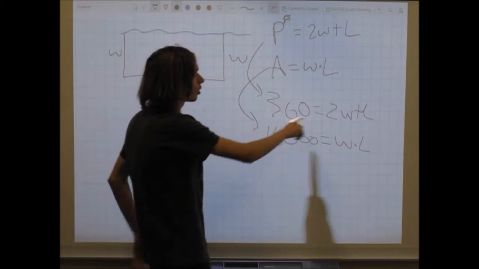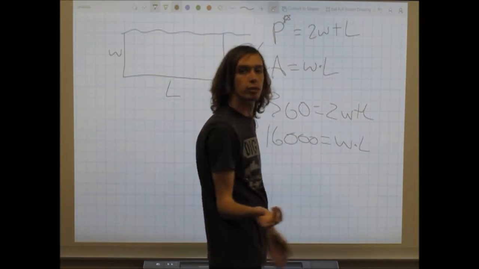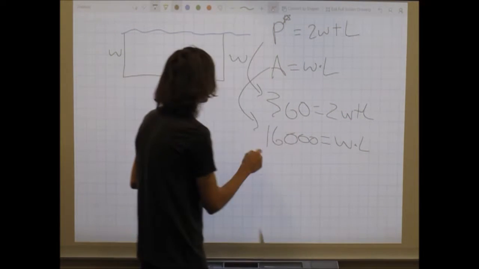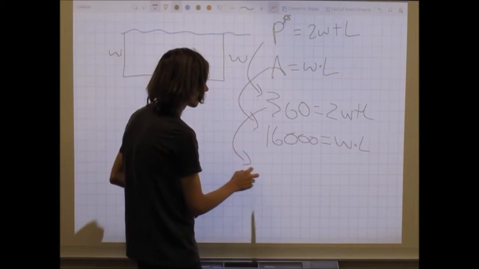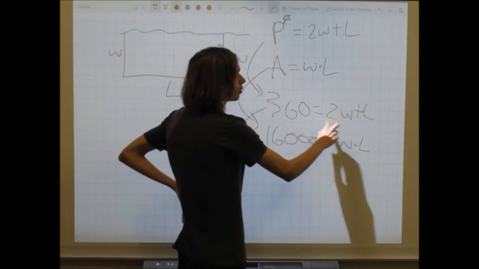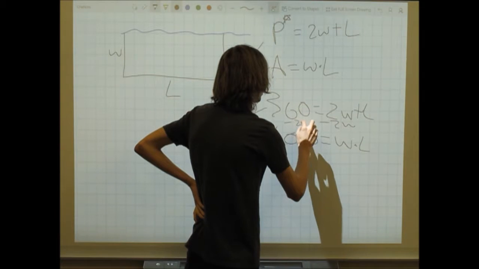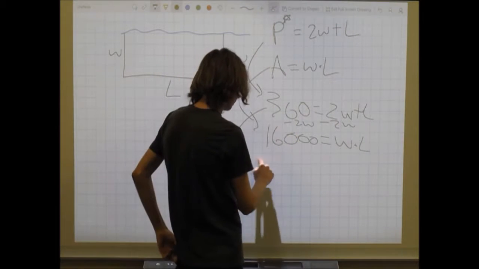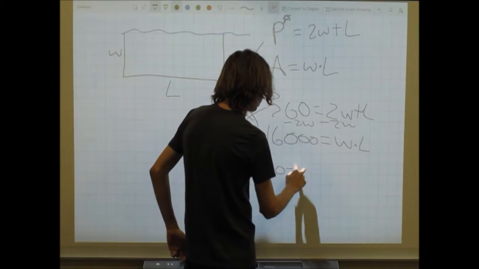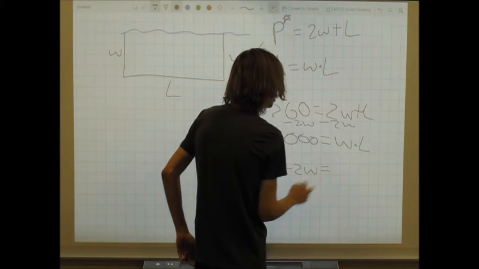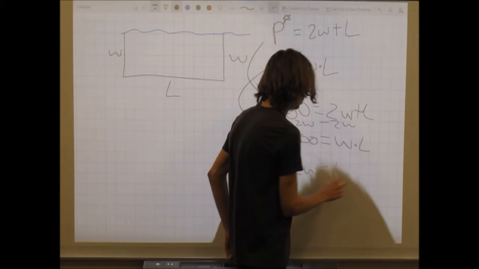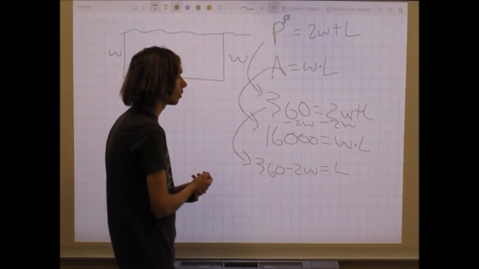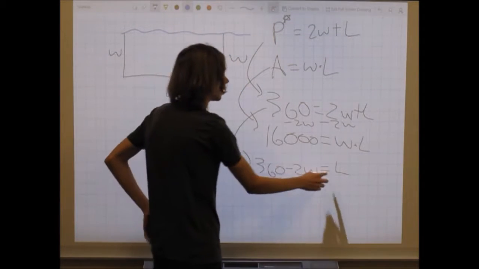So over here we're going to do a substitution. I'll just minus 2W on both sides. So, I'll bring that down over here. We're going to get, if we minus 2W both sides, 360 minus 2W equal to L, right? Okay, so now we can substitute this thing, right?